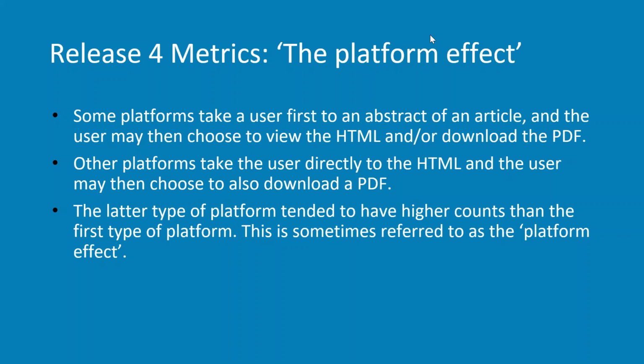Other platforms take the user directly to the HTML. They don't go to an abstract first, and the user may then also choose to download the PDF. And the latter type of platform, where users hit the HTML right away, tended to have higher usage figures than the first type of platform, and hence the platform effect.